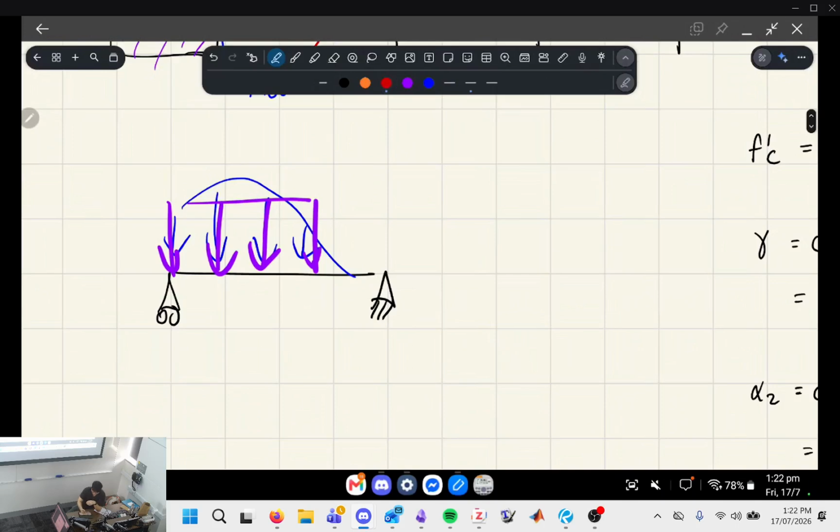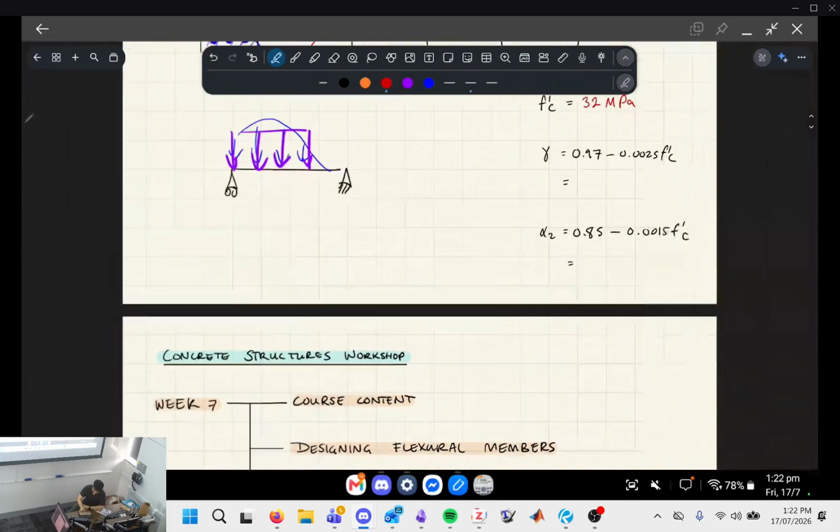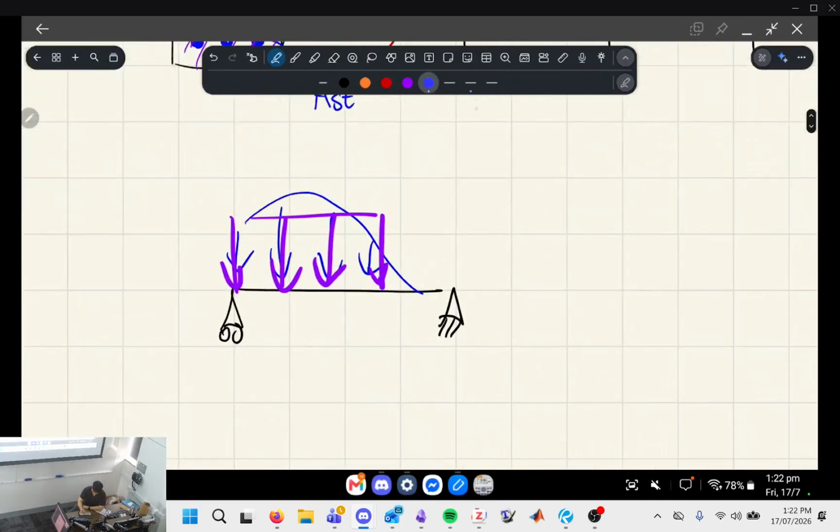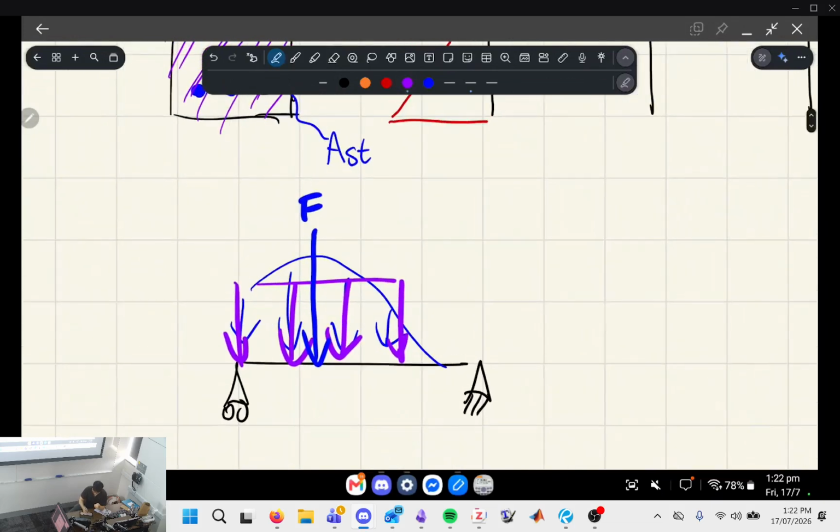For a distributed load, what we're interested in is the equivalent point force. For the one in blue behind, the arrow representing the equivalent force due to that distributed load is located somewhere there, and it has a magnitude of some sort. So if I draw a purple arrow which overlaps exactly with the blue arrow in magnitude and location, these two are equivalent, right?